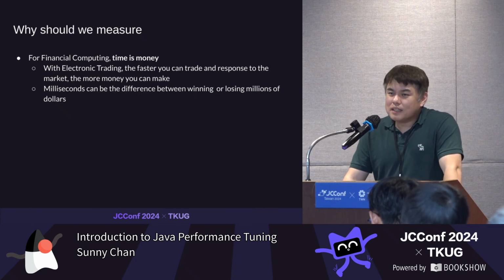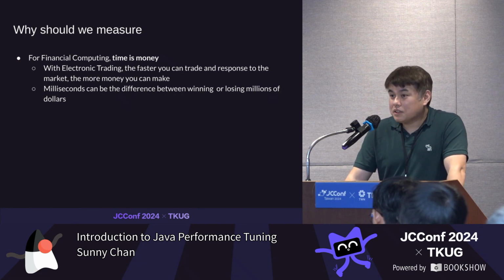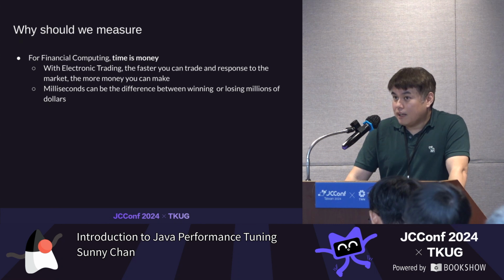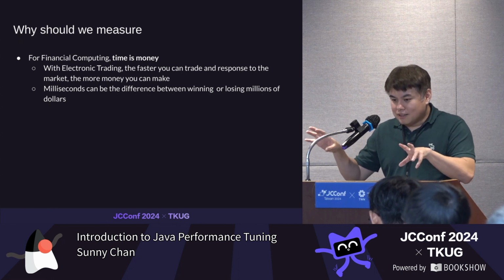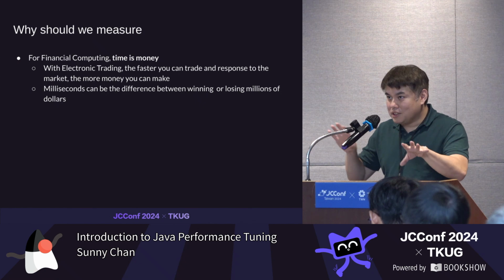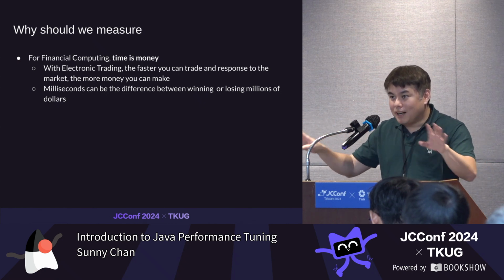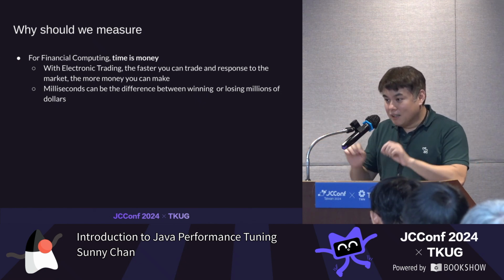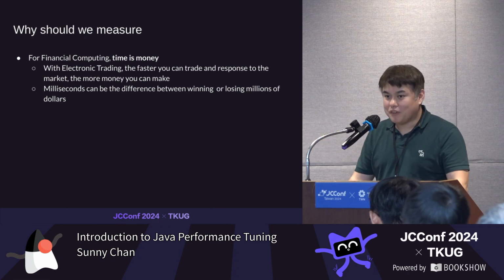When I was working in the bank, about 10, 15 years ago, originally some of the servers between the exchange and the bank used to be quite far apart, and they were linked together by a piece of fiber optics, which is already very fast.